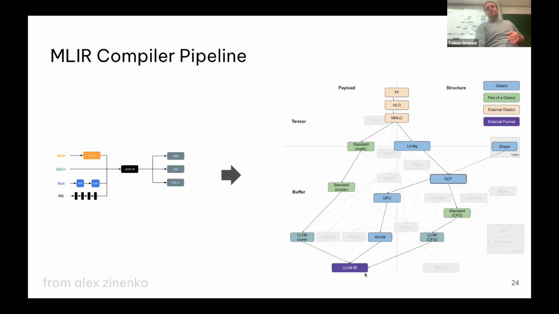And at some point, they want to generate fast code for your target. And so in AI compilers, what you often want to do is reason about tensors. You want to find identities, that a transpose of a transpose is nothing. At that level, that's relatively obvious. Deep down, like in LLVM IR, that would be really hard.